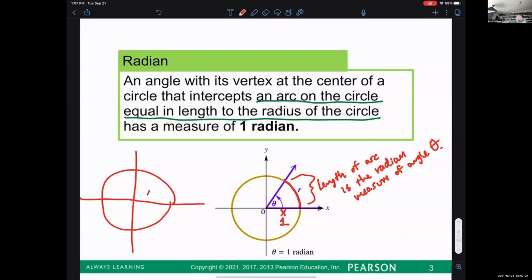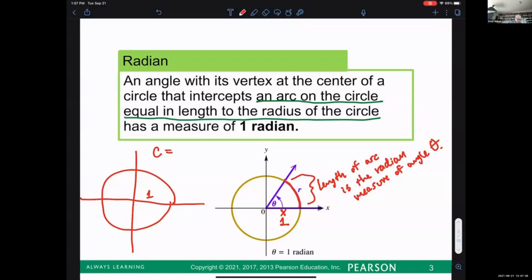So again, if I have a unit circle, then you may recall from some early geometry class or algebra class that there's a measurement called the circumference, which is the distance all the way around the circle.